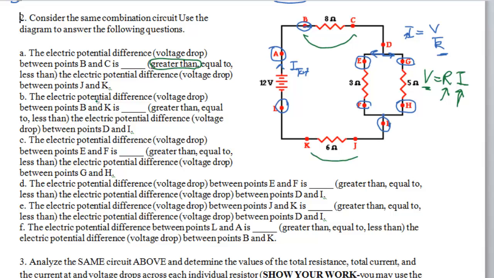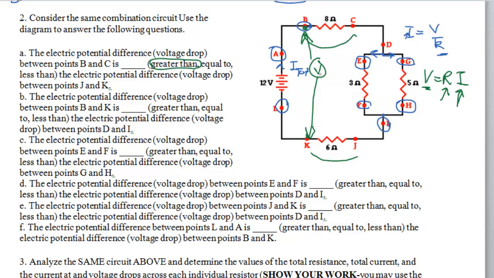Question B. The electric potential, the voltage difference between point B and K, which is from here to there. And that will be actually the voltage difference across the whole circuit. If we connect the voltmeter between B and K, this will measure the voltage across the power supply, the 12 volts.